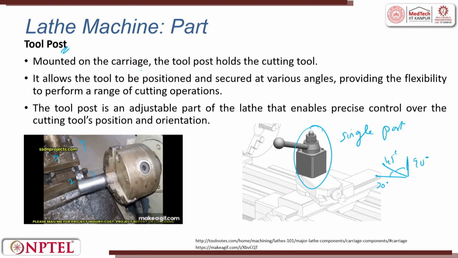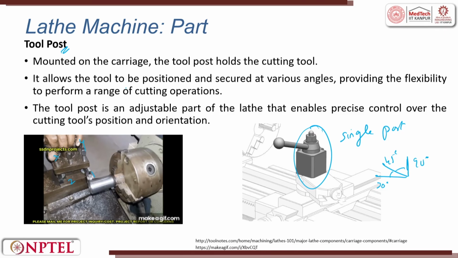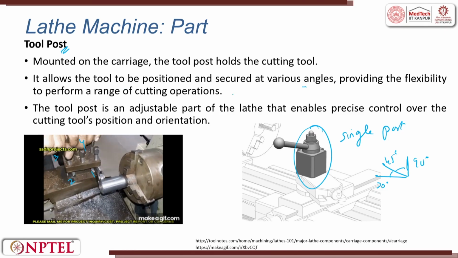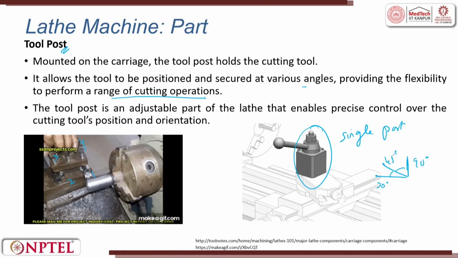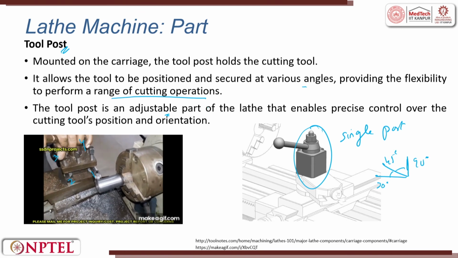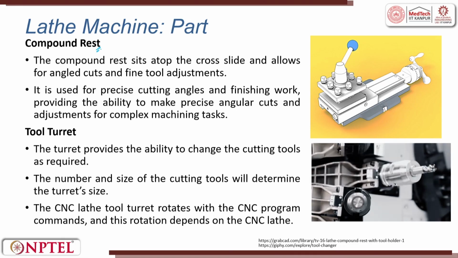Right. Mounted on the carriage, the tool post holds the cutting tool. It allows the tool to be positioned and secured at various angles, providing the flexibility to perform a range of cutting operations. The tool post is an adjustable part on the lathe machine. Compound rest.